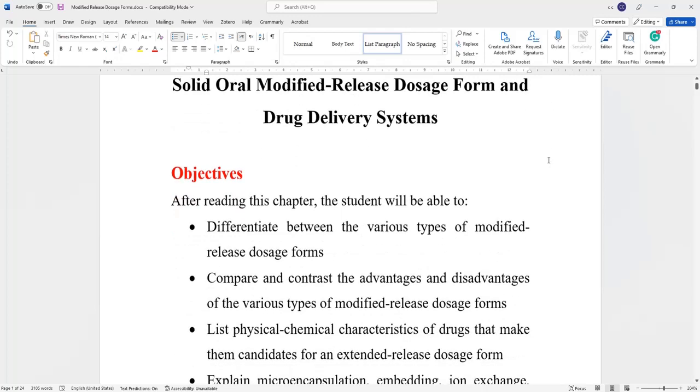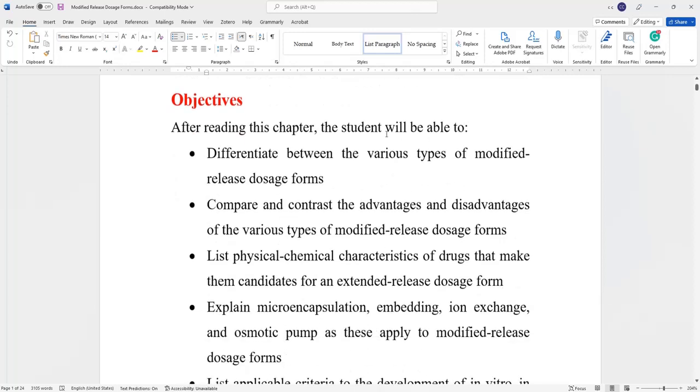Now what you should be able to answer by the end of this topic: you should tell me about the various types of modified release dosage form. So what are these types? When I say modified release dosage form, what are the types that belong to this category of products?